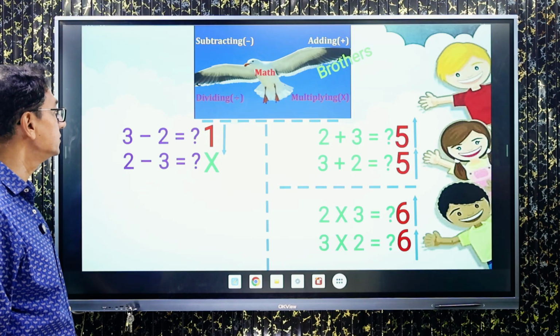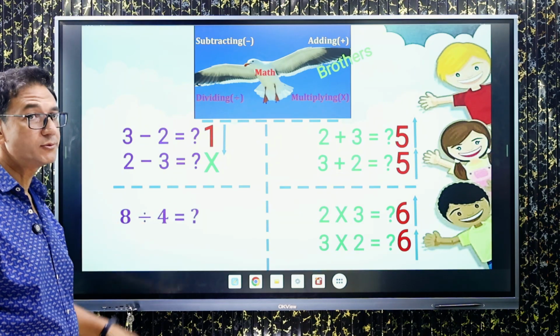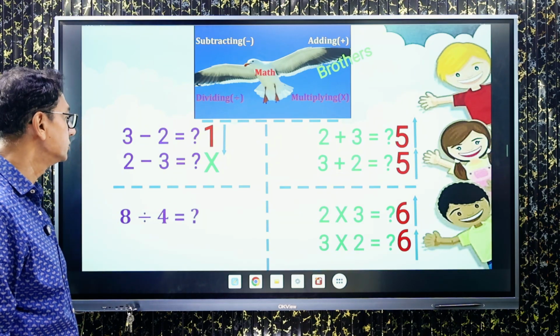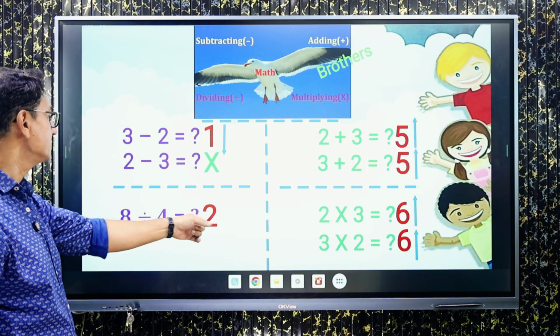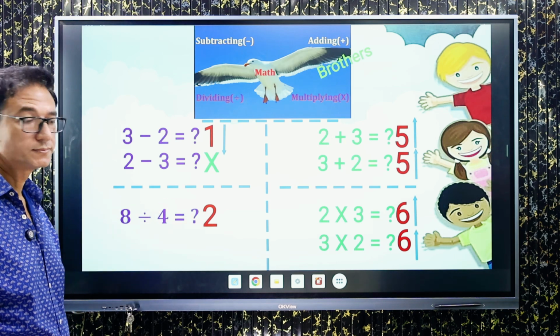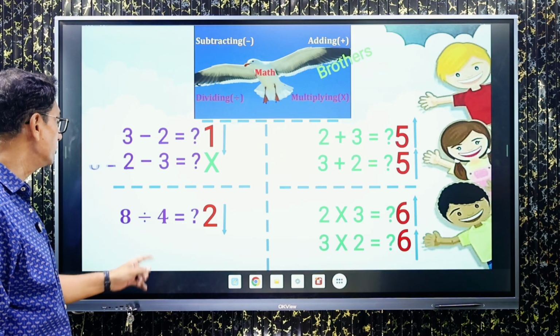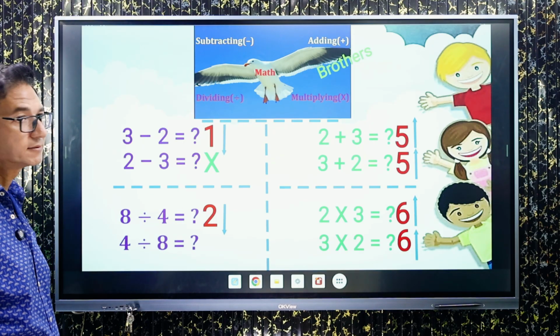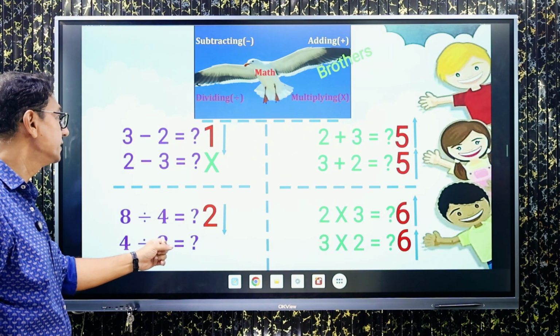Let's talk about division. 8 divided by 4 equals 2. Yes, it means what times 4 equals 8? 2. So what about if we want to divide 4 by 8? This cannot be, because 4 is smaller than 8.